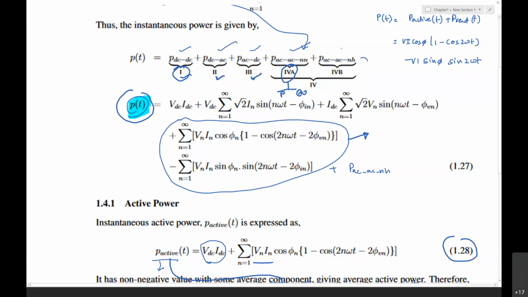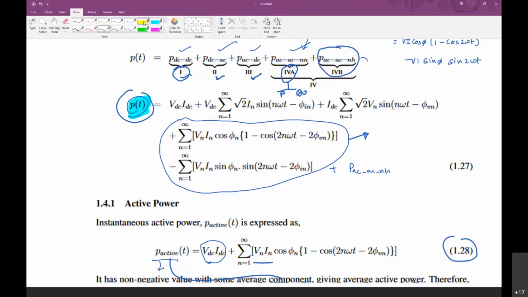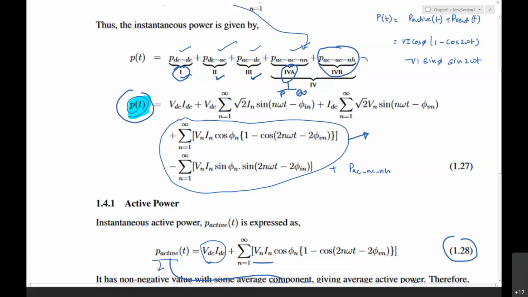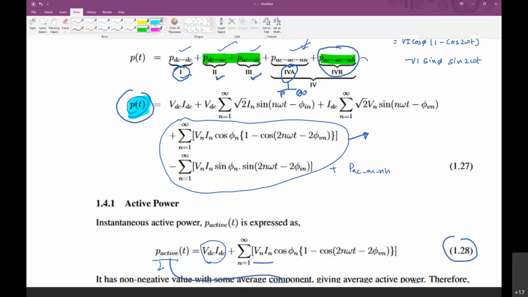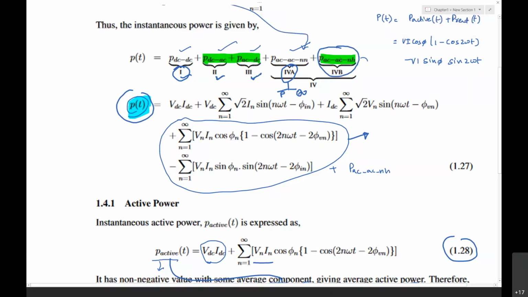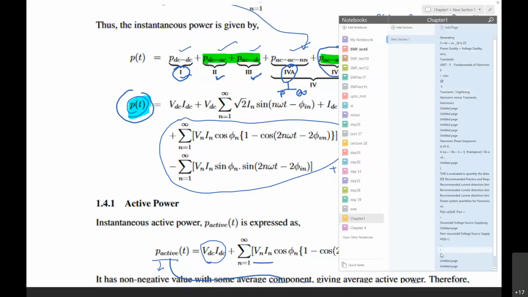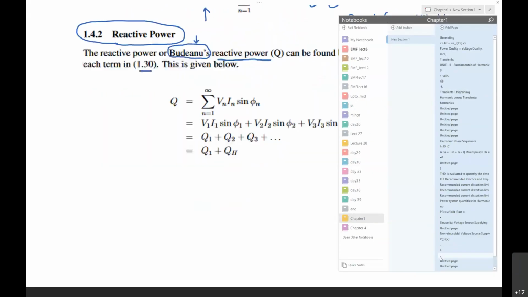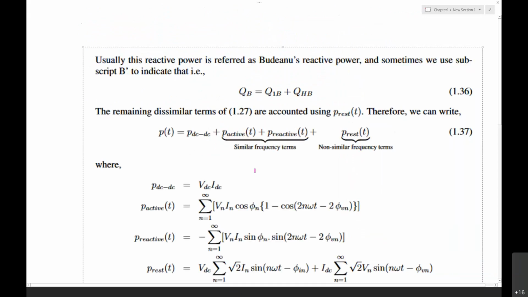Even these powers we could not quantify in the fashion of active power or reactive power. We'll see some of the other powers which some of the authors have identified.